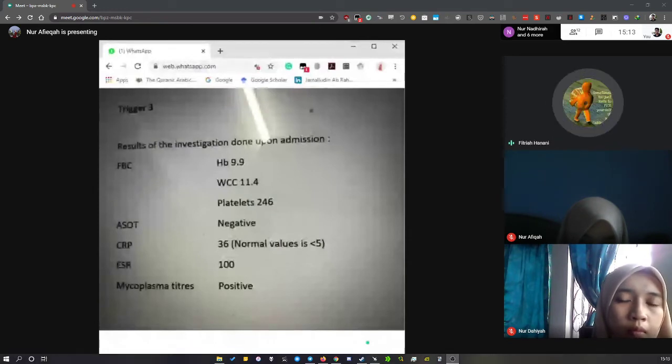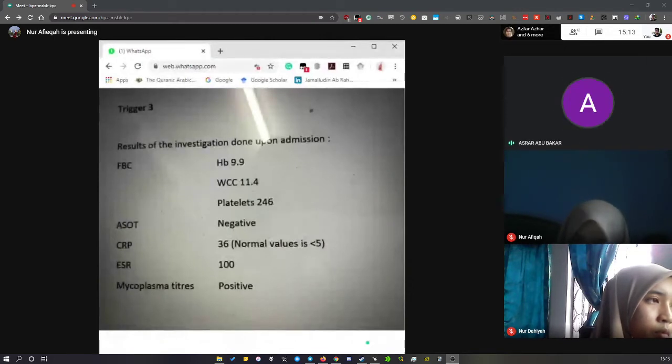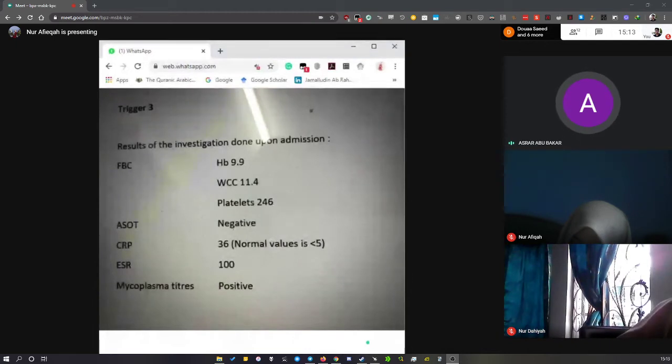And this patient also previously had flu-like symptoms? Correct. I think it could be an atypical pneumonia. Yeah, okay. The thing we don't have is the chest X-ray and the chest findings, so we cannot say for sure it's pneumonia based on that alone. But it sounds like this child has a proven Mycoplasma infection here, isn't it?